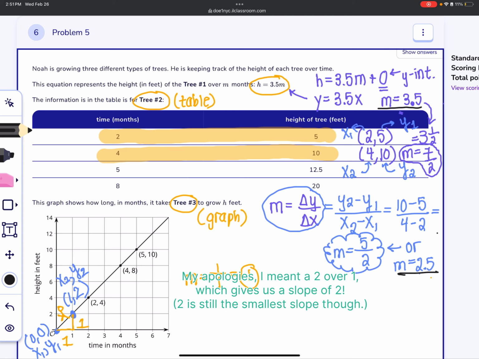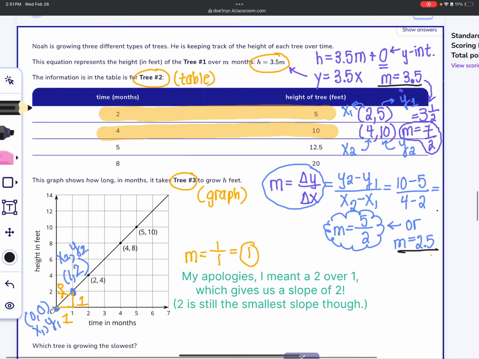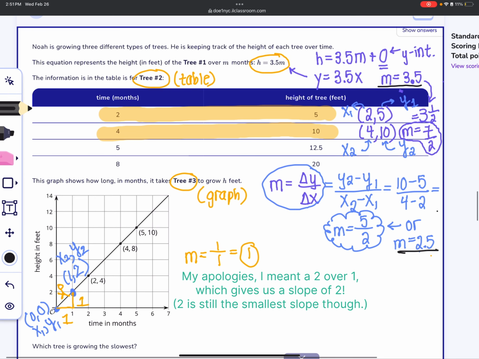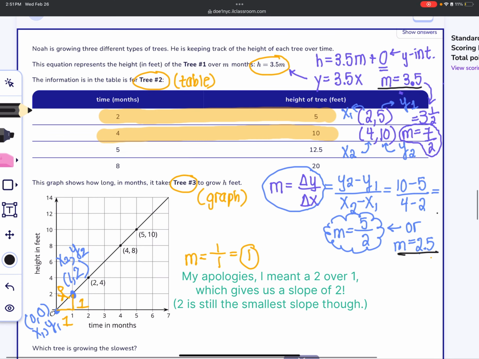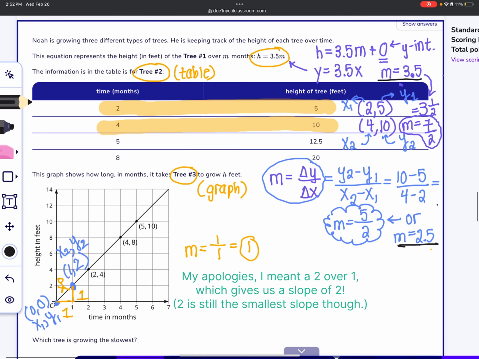Because when my slope is the smallest, that means that I'm going the slowest. That means for every 1 month increase in time, my height in feet is not going to be increasing as much. So that's why we're looking for the number that is the smallest for the slowest tree growth.